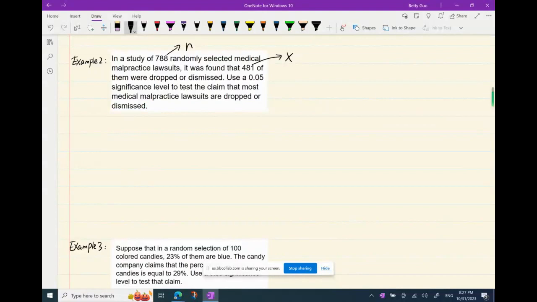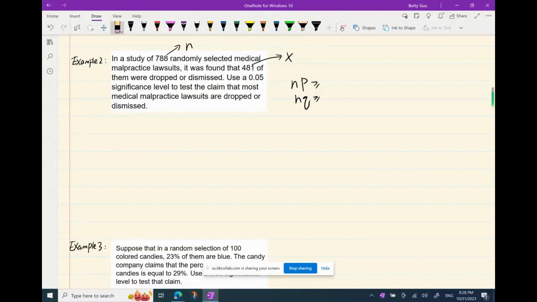Also, you see this is a very large number, so very probably np and nq are at least 5. We'll see. Keep reading. Use a 5% significance level to test the claim that most medical malpractice lawsuits are dropped or dismissed.